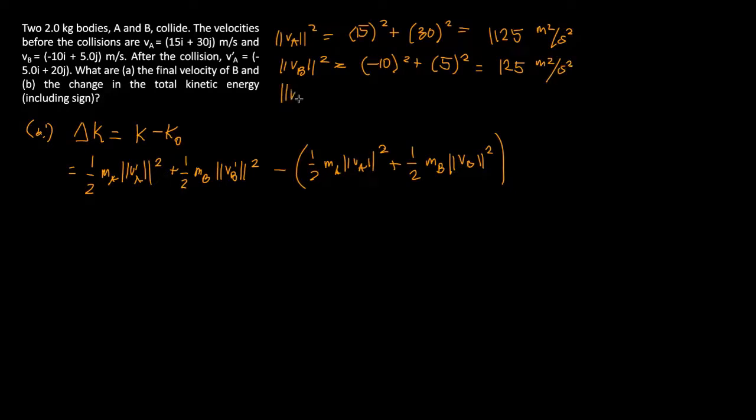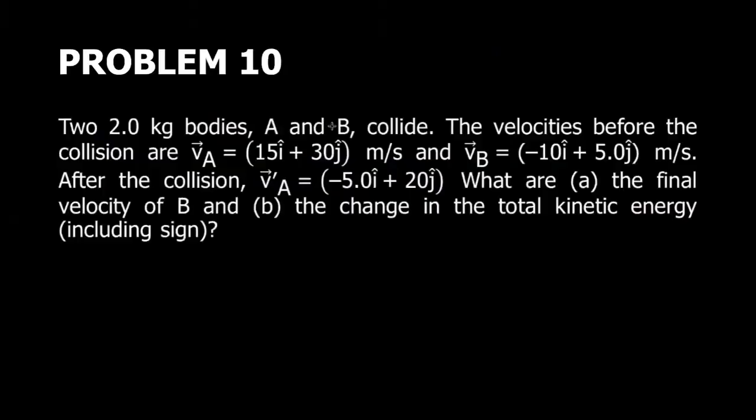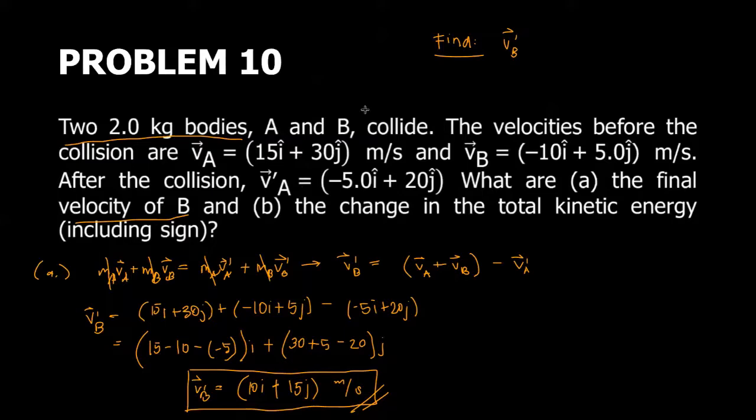For v sub a prime quantity squared, that is, ano yung v sub a prime natin, that's negative 5 squared plus 20 squared, that is 425 square meters per square seconds. And for v sub b prime quantity squared, that is, ang sagot natin kanina is 10i plus 15j.